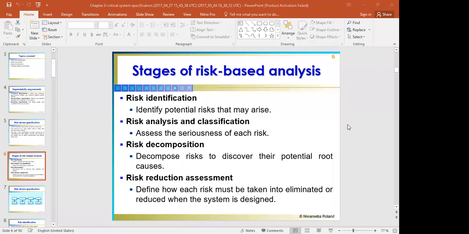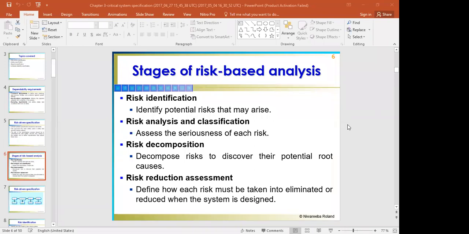So the stages of risk-based analysis: we have risk identification, risk analysis and classification, and risk decomposition and risk reduction assessment. Here they just give a brief explanation, but in the textbook they explain further.